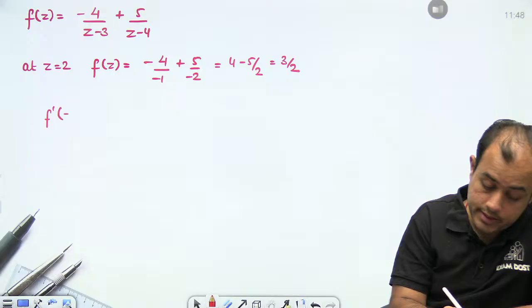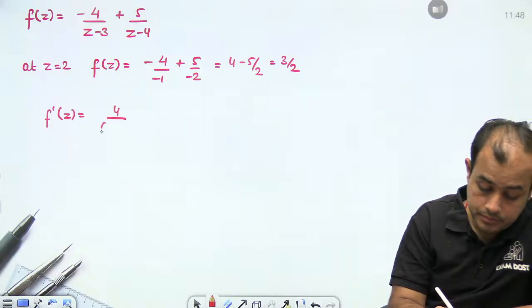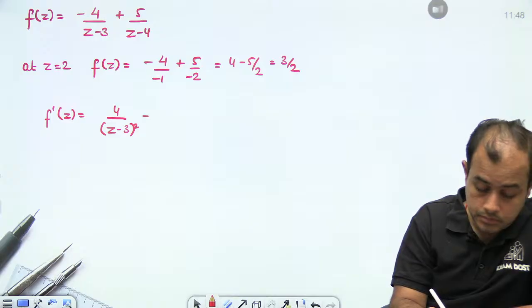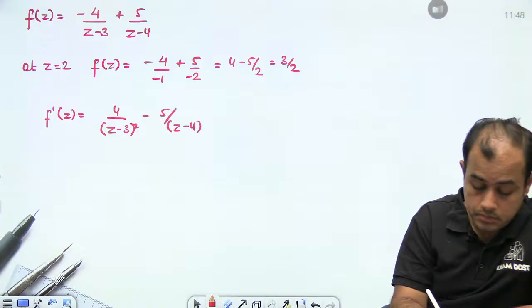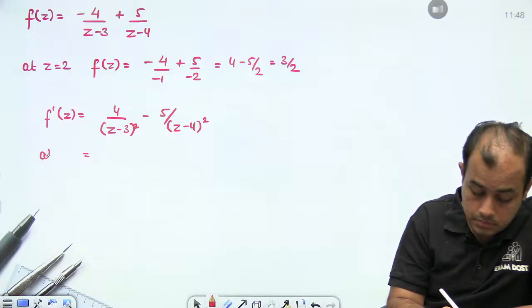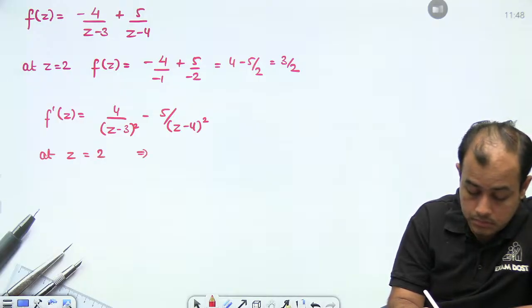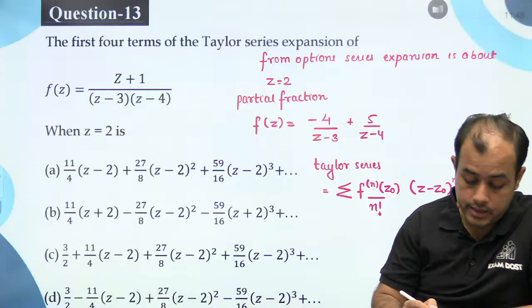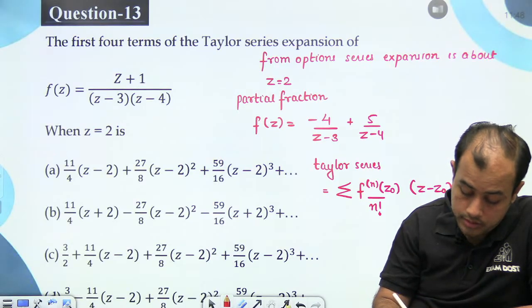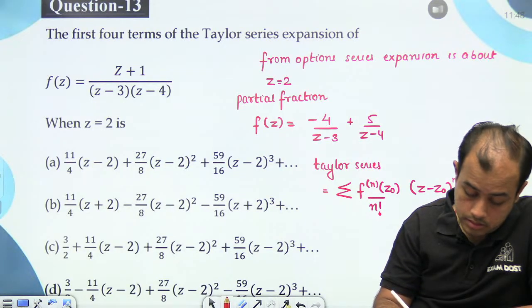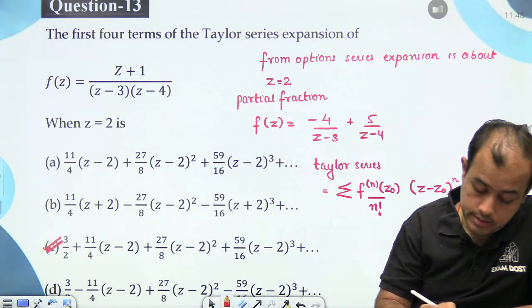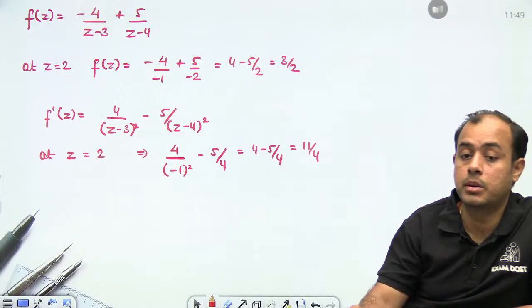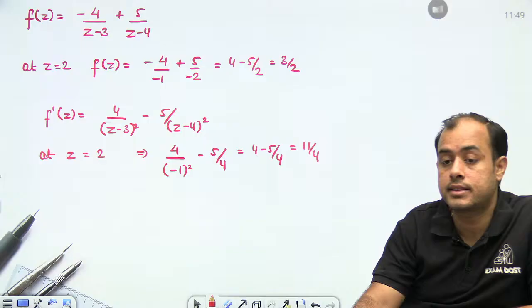Now what about f dash z? 11 by 4. See the coefficient 3 by 2, 11 by 4. So which option? 3 by 2, 11 by 4. The option will be C.